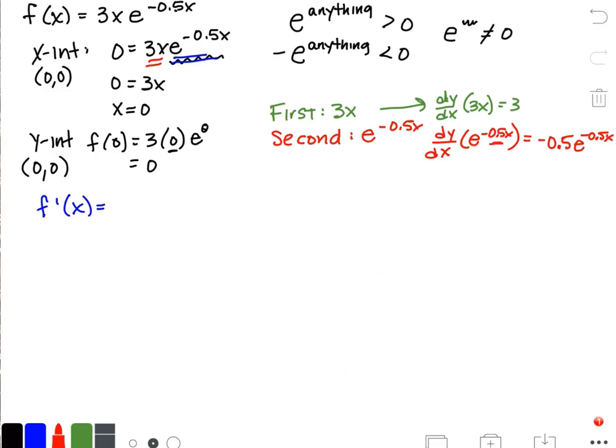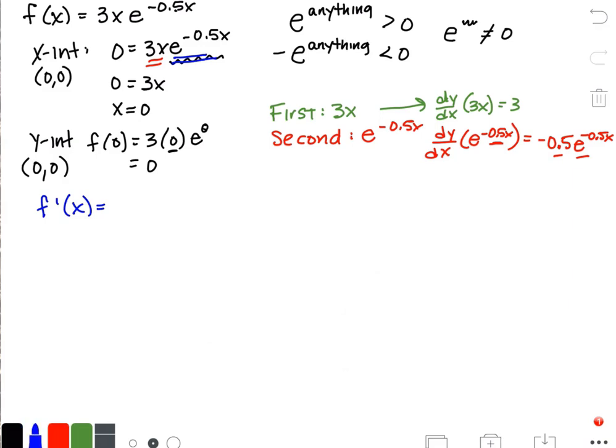So my derivative of e to the negative 0.5x is negative 0.5 e to the negative 0.5x. That's just that rule for doing a derivative of an e. It's the derivative of the exponent times the original e with its original exponent.